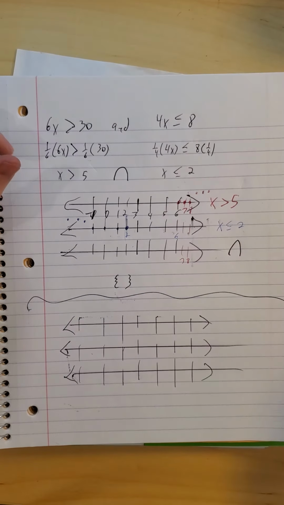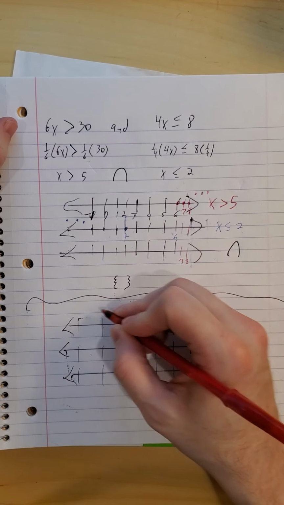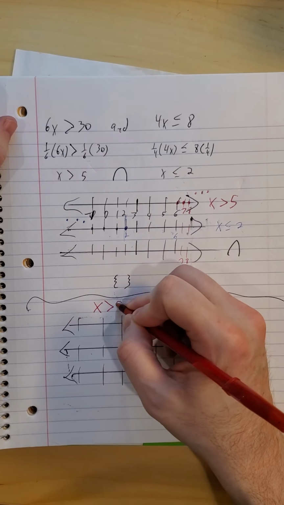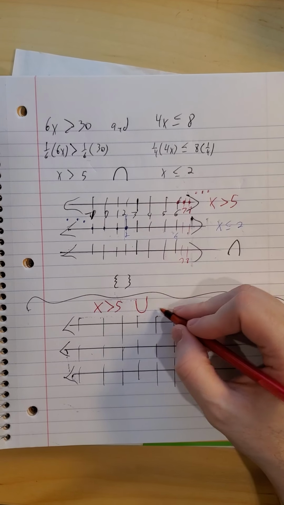Okay, so assume that we had the same problem, only we had an or in between. So instead of ending on x is greater than 5 and x is less than or equal to 2, now we have or.